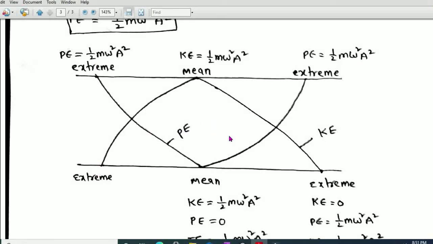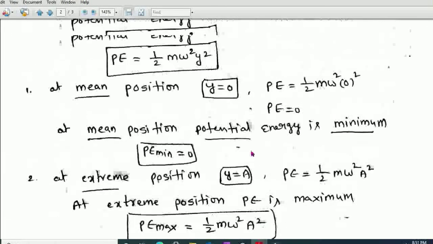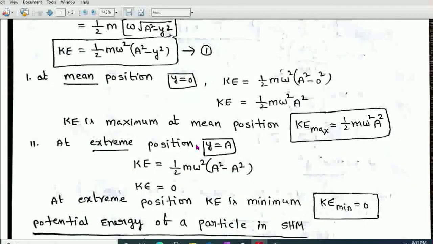So now if you draw the kinetic energy curve and the potential energy curve according to the given values, at the mean position, already we have discussed, the kinetic energy is maximum, that is half m omega square A square. At the extreme position kinetic energy is 0.